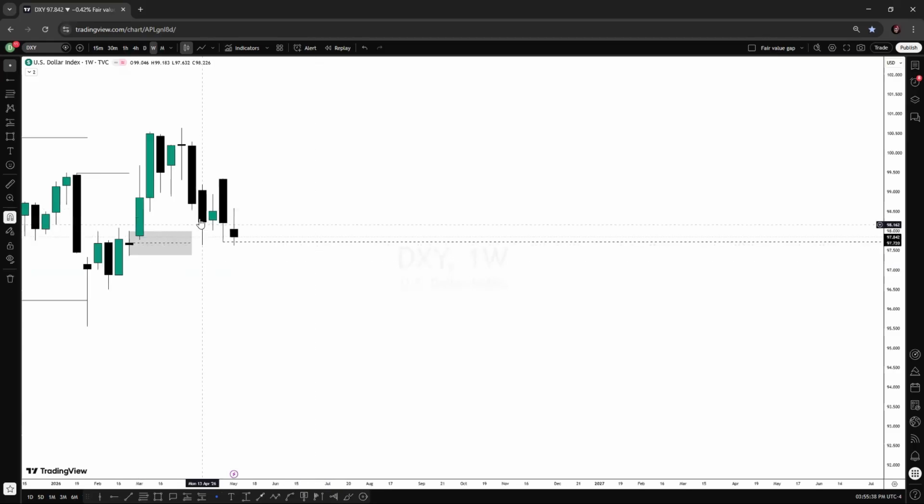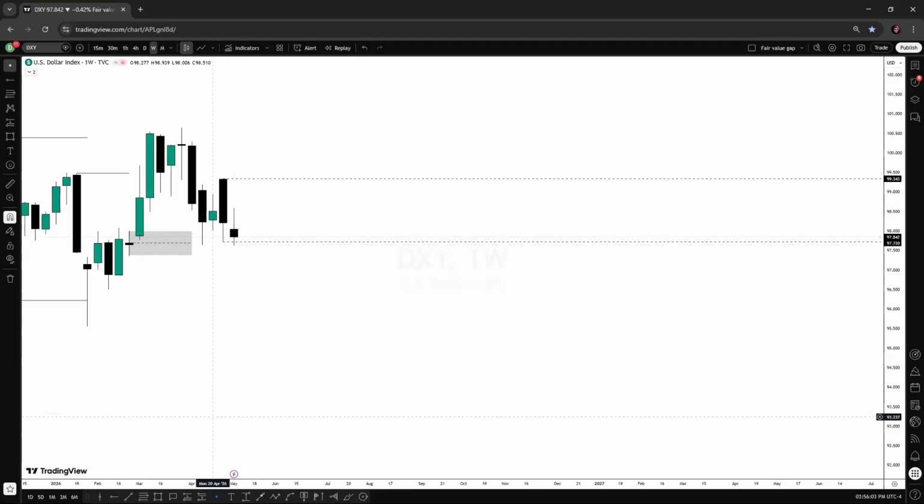We have a previous week low here, and then this market came, grabbed liquidity from this level and rejected it. So for people who trade CROT, we have a higher time frame order block that was mitigated plus a fair value gap. And then we are rejecting off this price level.